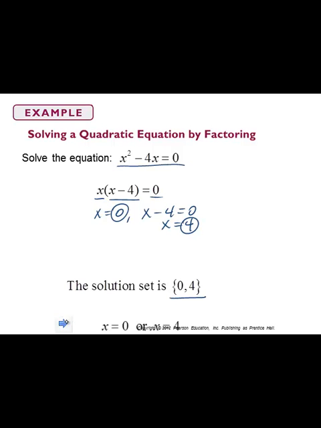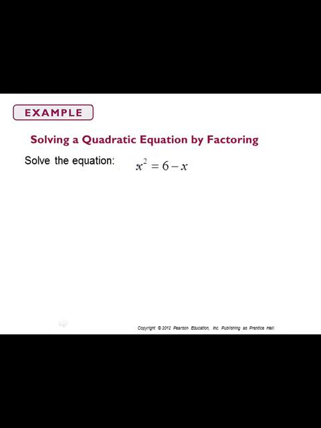Okay, moving on here. All right, so here's another example. This time we have to rearrange this so that all of the terms are moved over to the left-hand side. So we will add the x and subtract the 6 over to the left-hand side, so we now have a second degree polynomial set equal to 0.